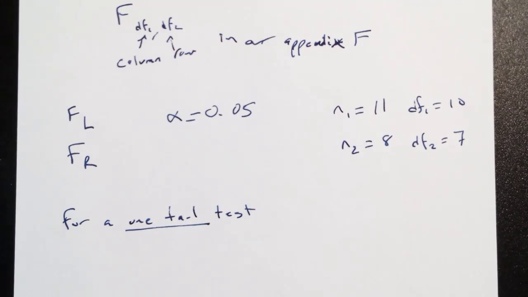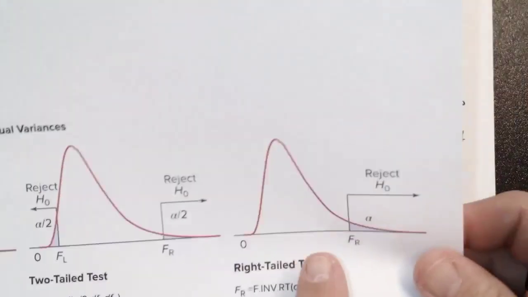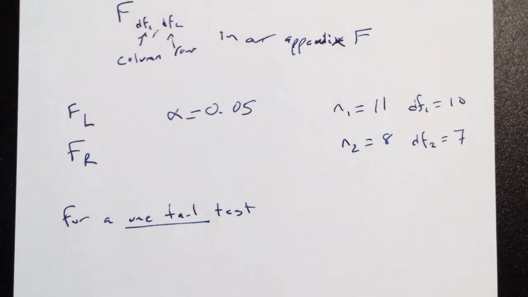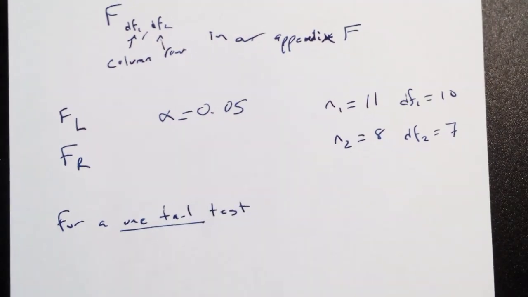Yes? I want the rejection area to be in one side. Whether it's a left tail or a right tail, I want all of that 0.05 to be on one side. Yes? So I know I need to go to the 0.05 table.